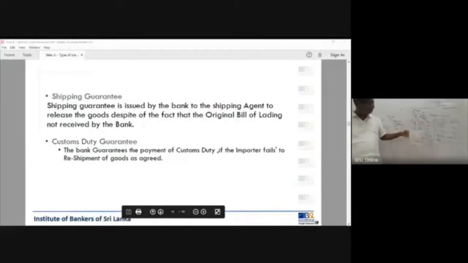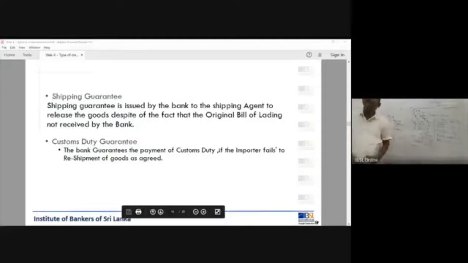Right? So the documents we use to give the ownership to the customer before getting the original documents is called shipping guarantee. Any specific details in the shipping guarantee value?